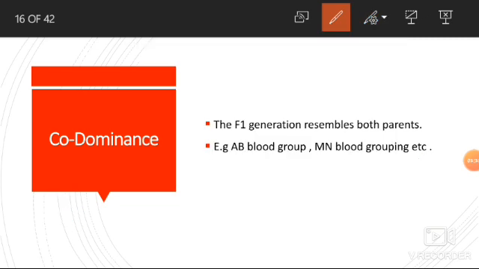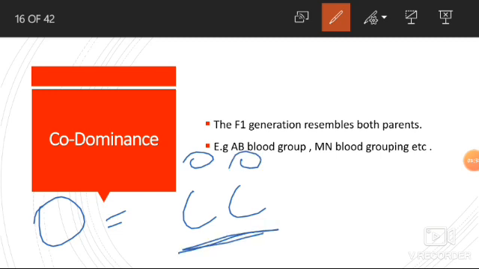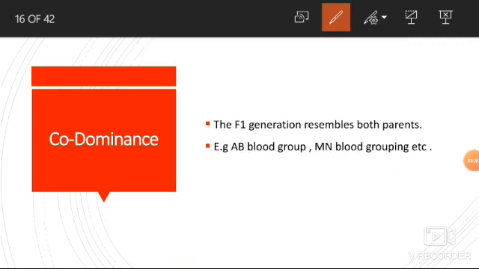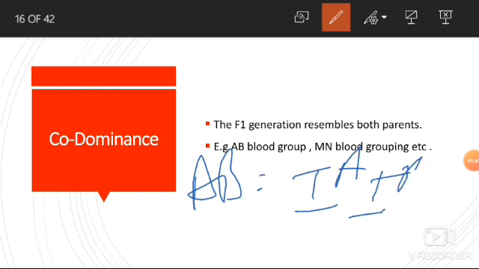Now O blood group: only this type of genotype, that is small ii, will result in O blood group. But AB blood group is shown by I^A I^B.